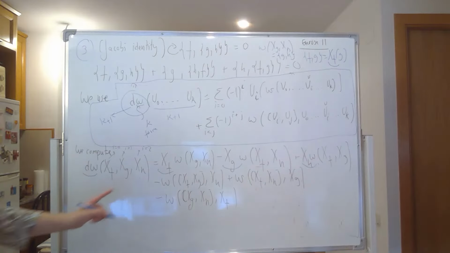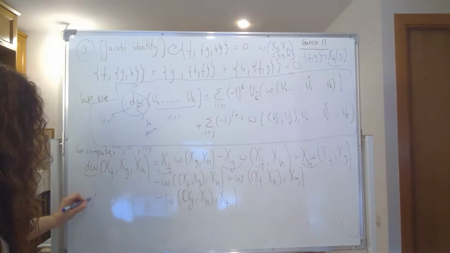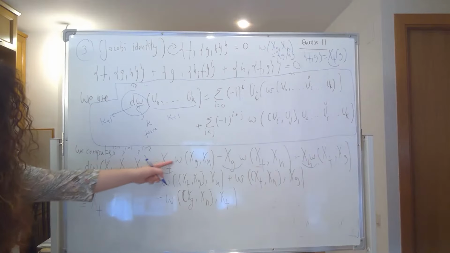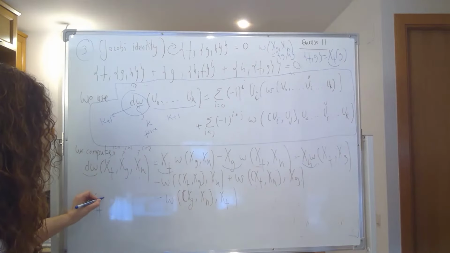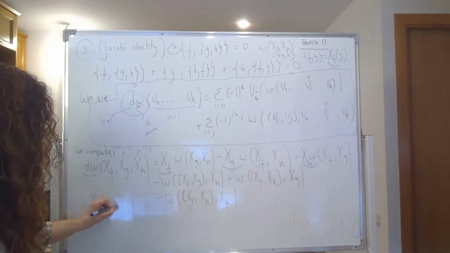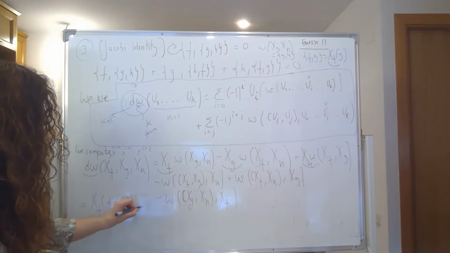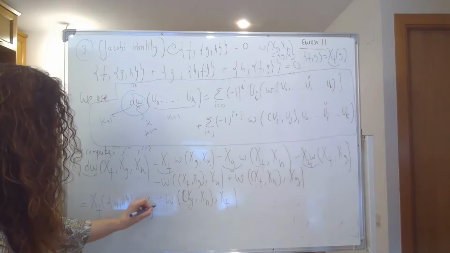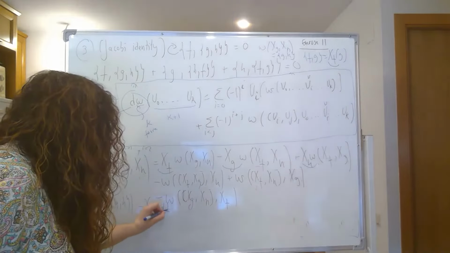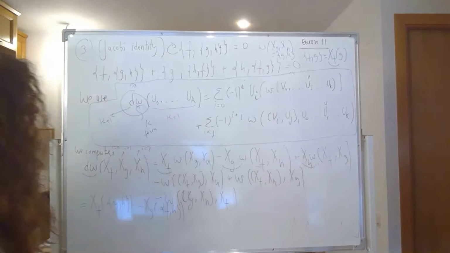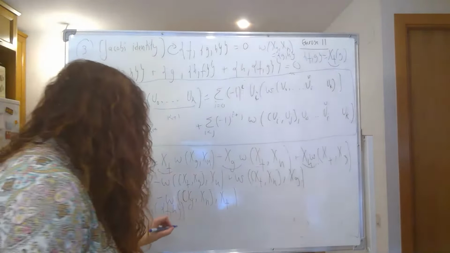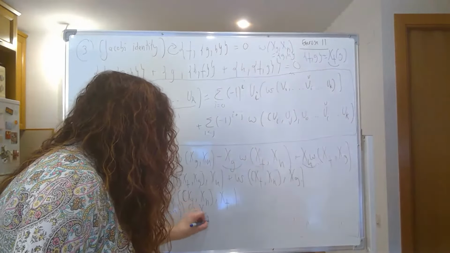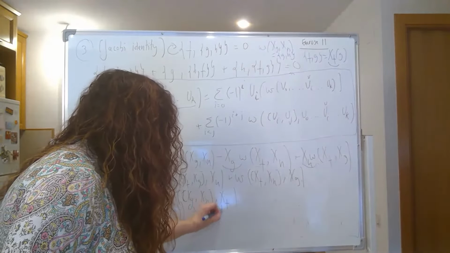I'm going to do this in two steps. First, I translate the first one, but I could do this in one. GH minus X sub G applied to the bracket of F and H. And here I have plus X sub H applied to the bracket of F and G.